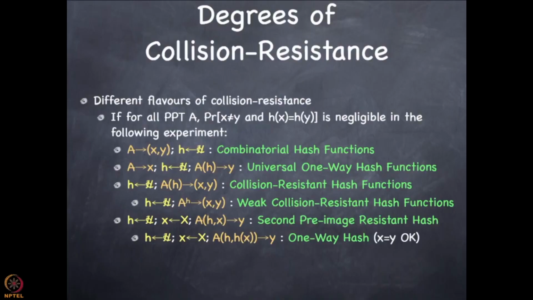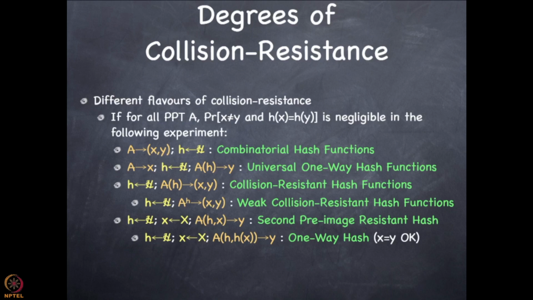All right, so collision resistance has many flavors. Here is a little summary. We'll go through them line by line. They all have this flavor of an adversary. To be a secure hash function under any of these definitions, we want it to be hard for an efficient adversary to find a collision.